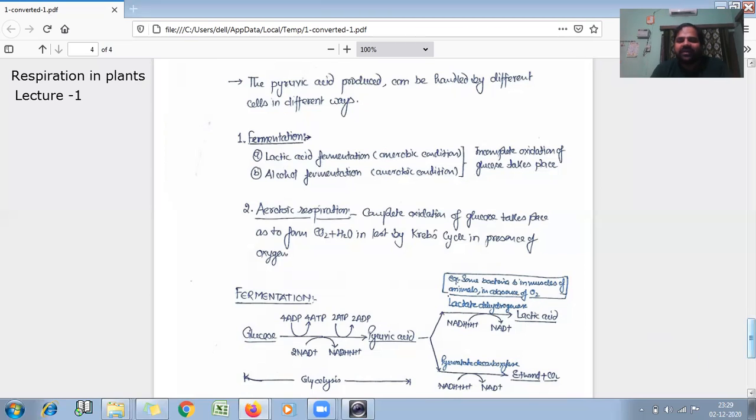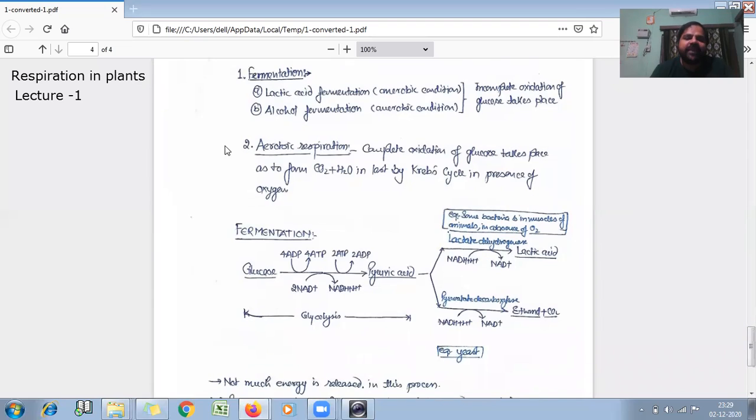But on the other hand, in aerobic respiration, the complete oxidation of glucose takes place to form carbon dioxide and water.